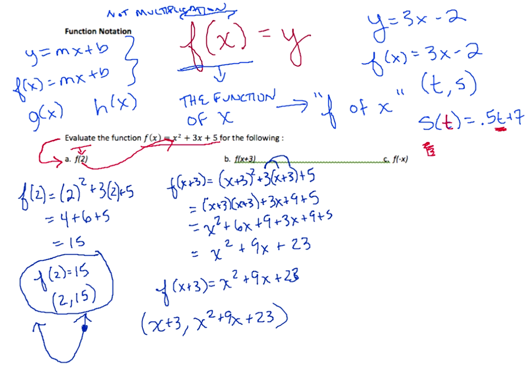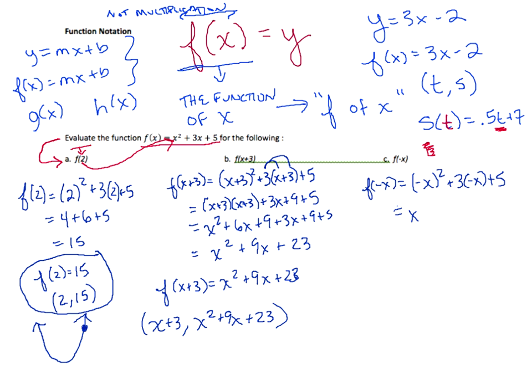Once again, going back, the whole idea is f of x is y. And if I replace the x inside the parentheses with something different, that just means take that something different and plug it in wherever you see x in the function. So this last one, f of negative x, is equal to (negative x) squared plus 3 times negative x plus 5.